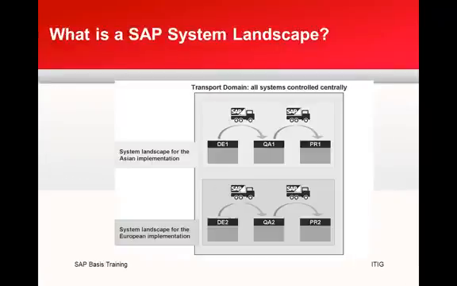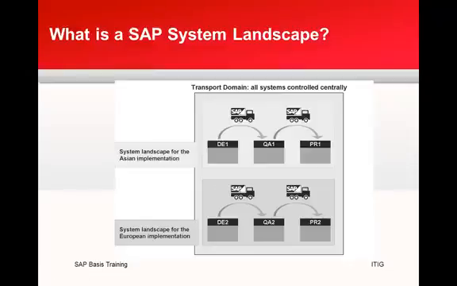Okay, now SAP landscape. Basically you have a transport domain, that is, all systems transported or controlled centrally. In the system landscape you have your Asian implementation here, your European implementation, and say the US implementation over here.